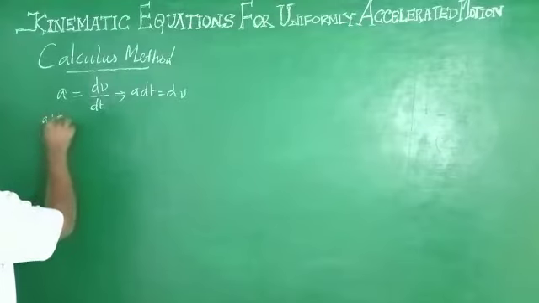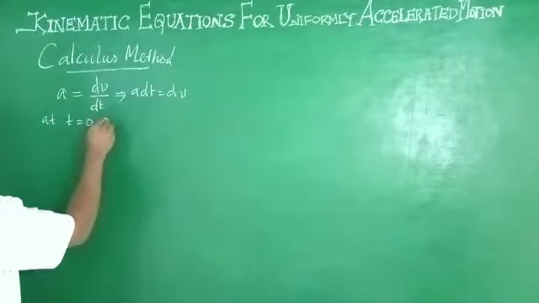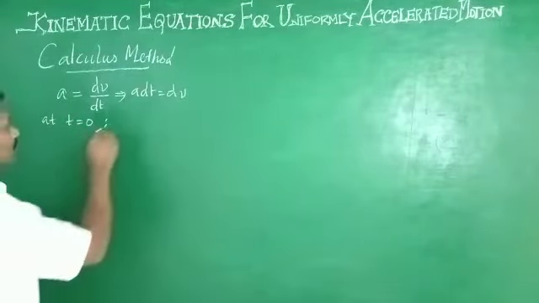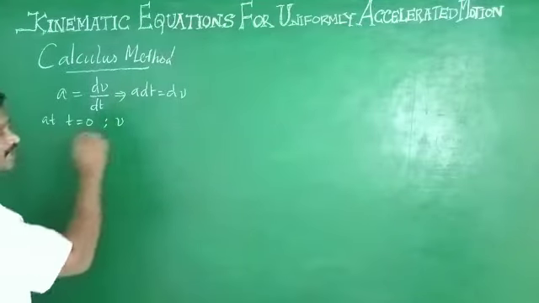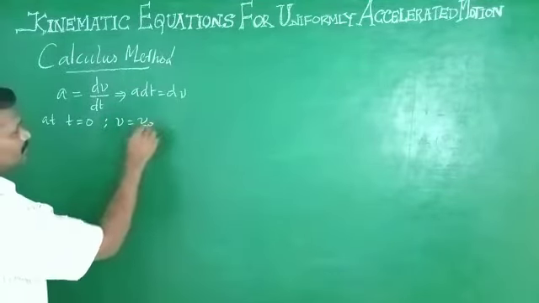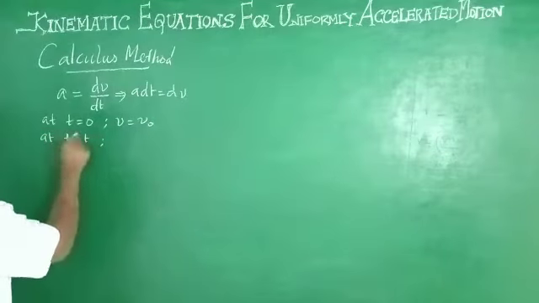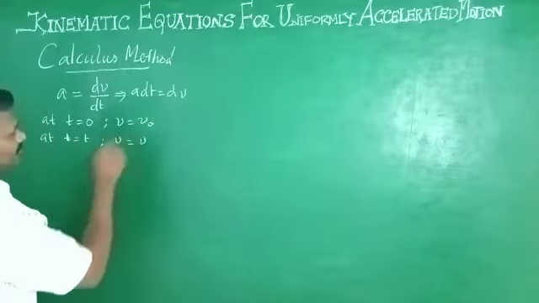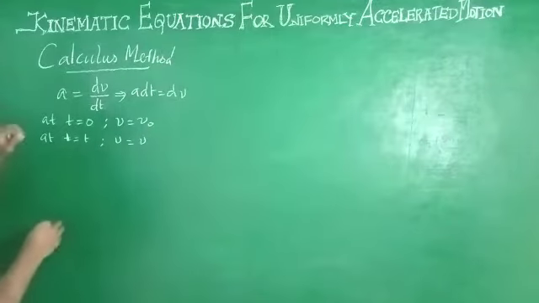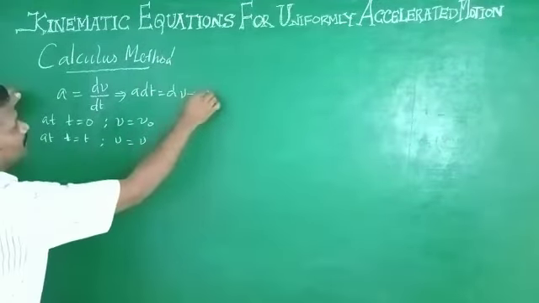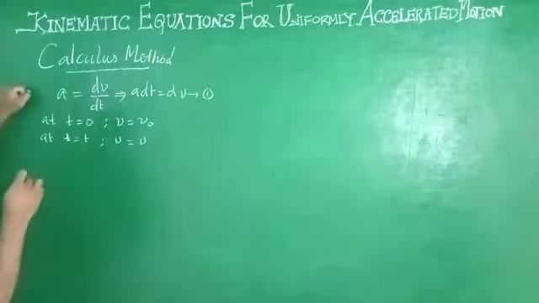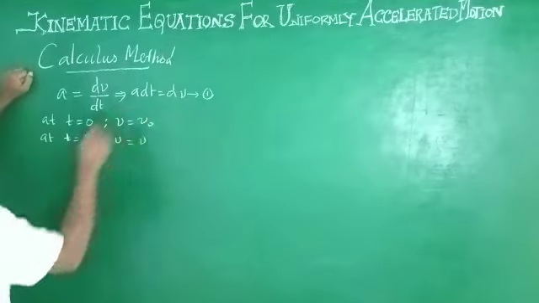Consider at time t equal to 0, the velocity of the body is v naught, and at time t equal to t, the velocity of the body is v. So now integrate equation number 1 on both sides.